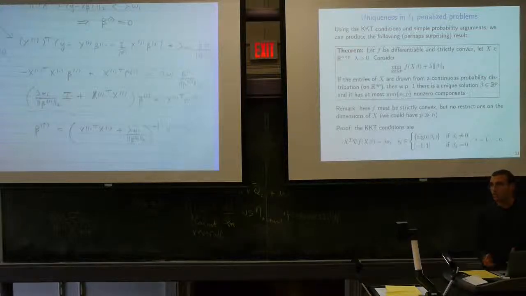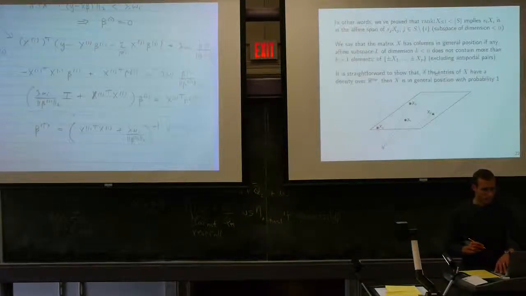Okay, so that's actually somewhat of a surprising fact from the perspective of convex optimization, because usually strict convexity is what we know gives us a unique solution. But in this case, it could be the case that this criterion is not strictly convex. But still, by checking the KKT conditions, we can ensure uniqueness of the solution. Okay, let's take a break, and we'll come back and talk about duality.